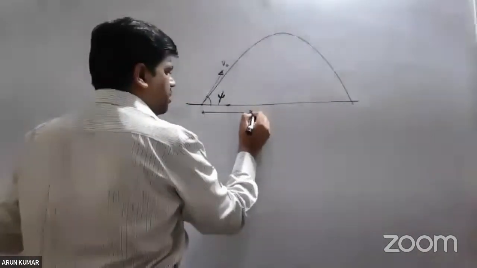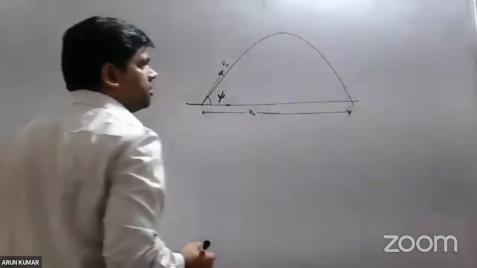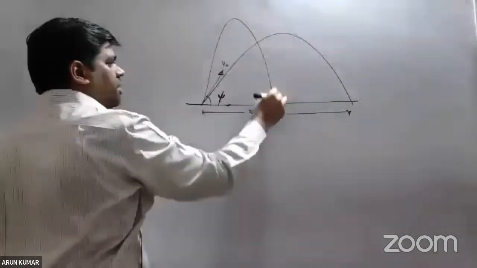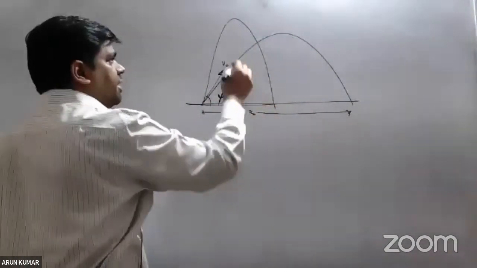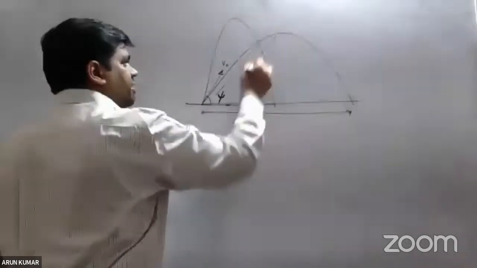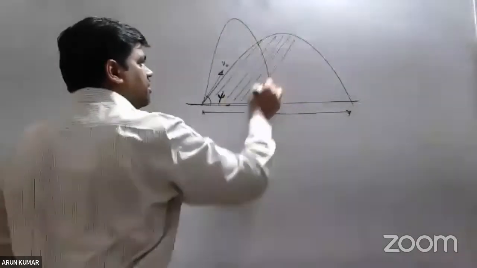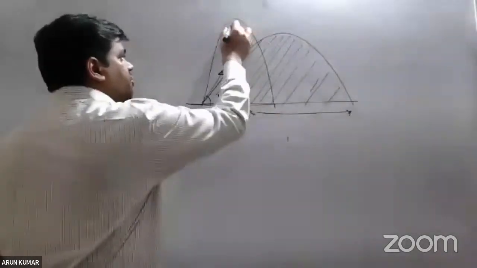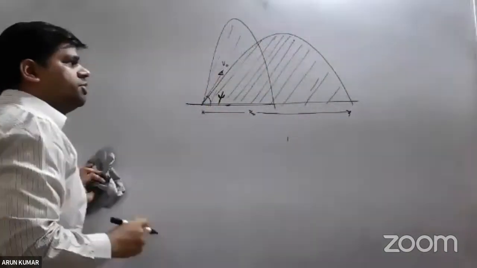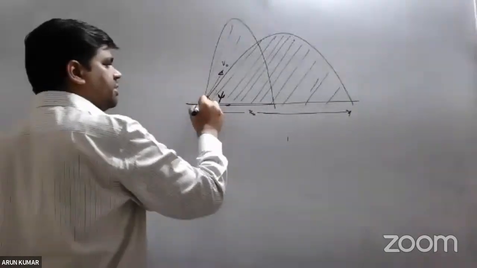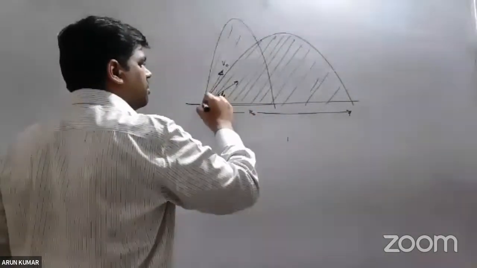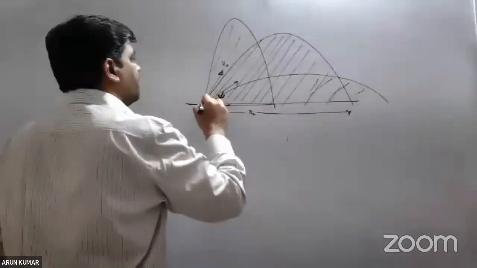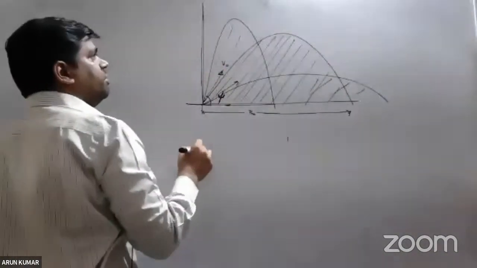Let this be R. For different angles, it hits different range, and the area under this graph goes on changing. If I see the area under this curve, this area is going on changing. You all see that? If angle is changing, area is changing. This area is different. If I project it vertically upwards, area is 0.